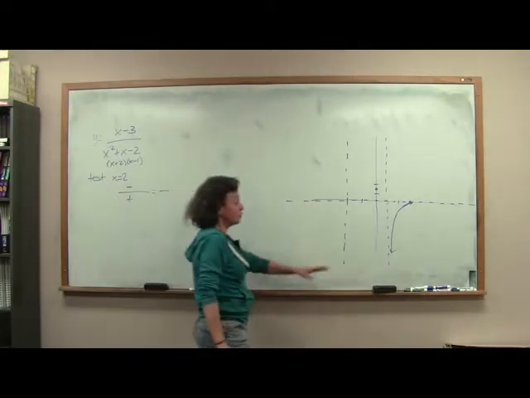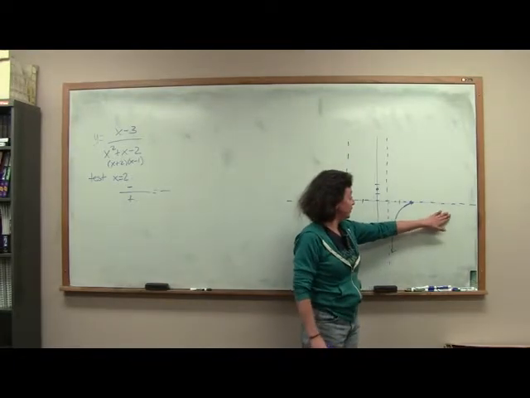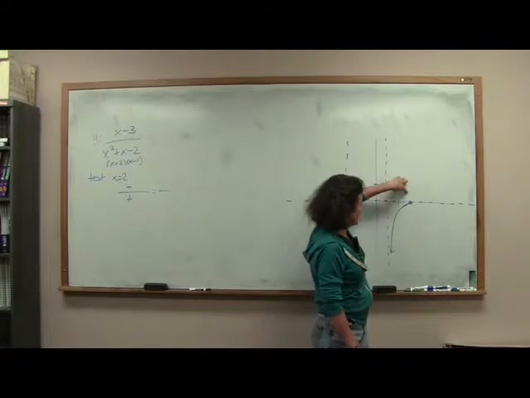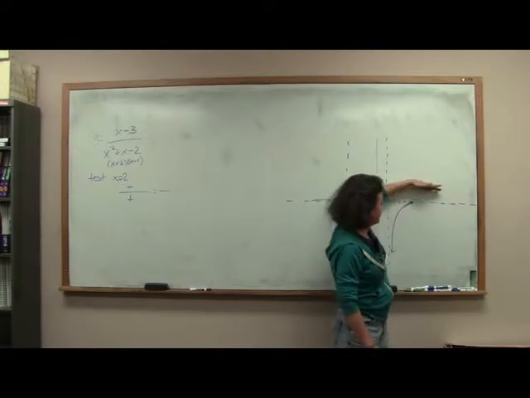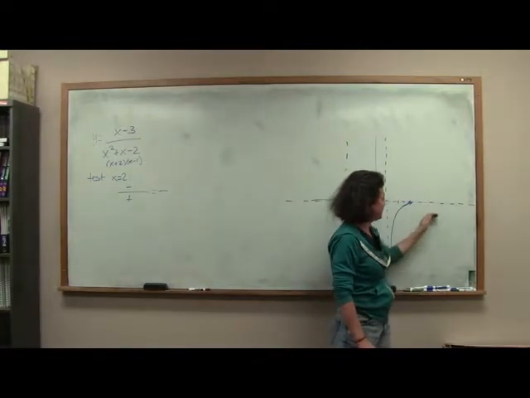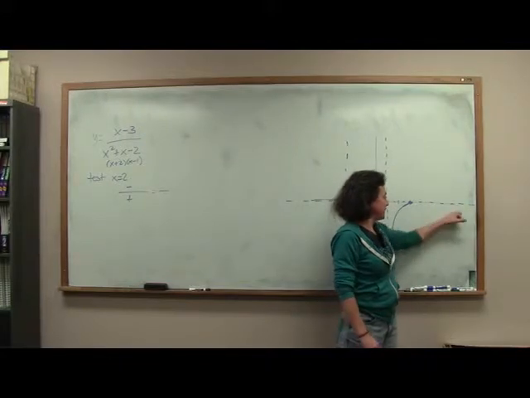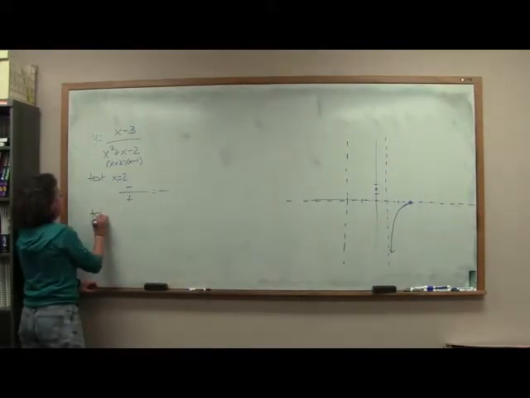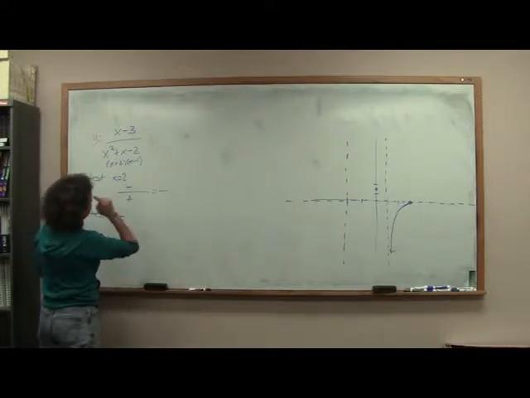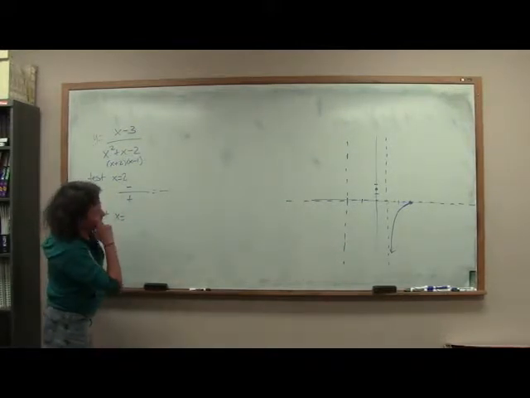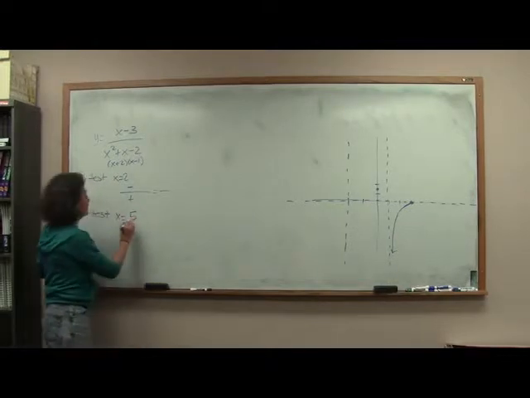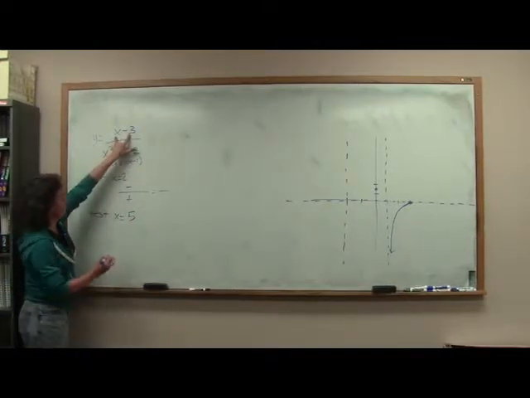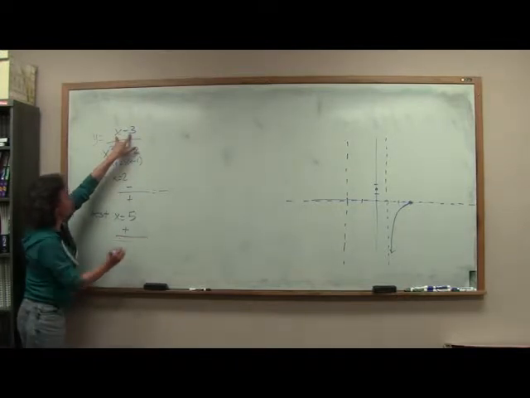Now, the other portion of this graph, which is kind of funky, is we don't know as x gets large whether we're going to approach our horizontal asymptote from some positive values or down here at negative values. So what I'm also going to do is take something bigger than that value of 3. Let's test x equals 5. Okay? Again, if I plug 5 in my numerator, it's going to be positive.